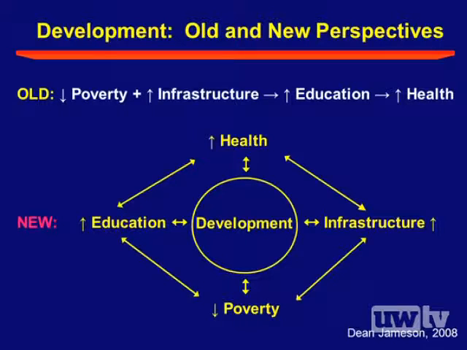But a new perspective is that they're all really interconnected, and that development in general involves investments in health, in infrastructure, in poverty, and education, and they each are synergistic. You really can't educate young people if they're not healthy, and it's hard to reduce poverty without having healthy people. So this is a relatively new concept that we need to take advantage of.